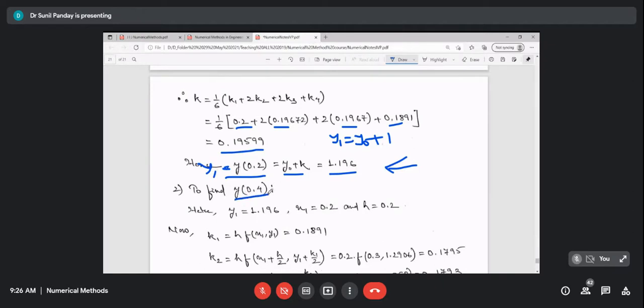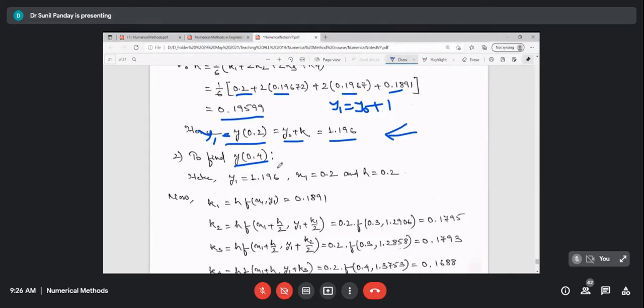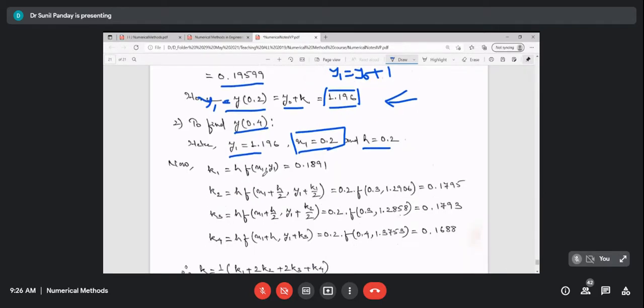Now we have to calculate y at 0.4. So we have to apply this Runge-Kutta method of fourth order one more time. So here this is y1, because this is the value we have taken here, and this is x1, because h is 0.2. So now the formula will change accordingly. Earlier we had x naught, y naught when we were calculating y1, but now we are calculating y2.